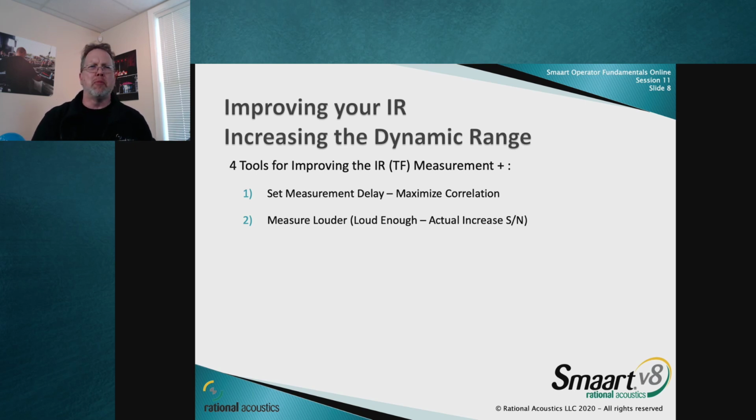And when you're in a room, you probably don't want to be measuring at the air handling noise level in the room. We want to be at a good level. You get to diminishing returns when you get way up there in level. Measuring at 130 dB SPL, you don't have to do it, and it's probably a bad idea.